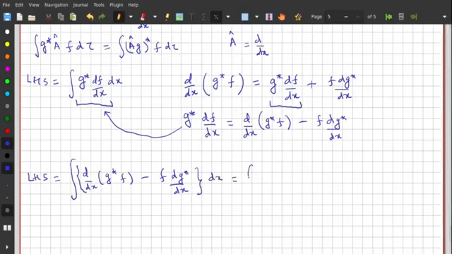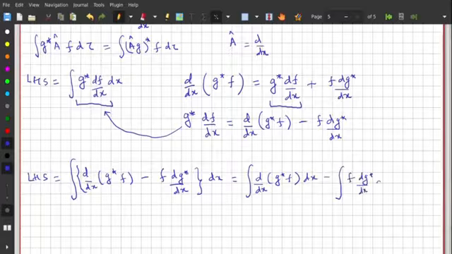This becomes the integral of d/dx of g star f dx minus the integral of f dg star/dx.